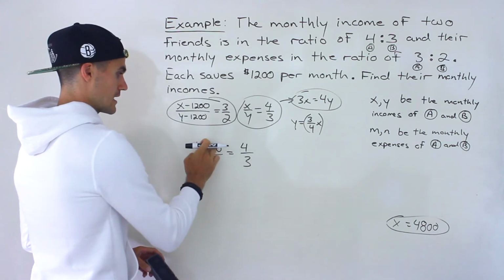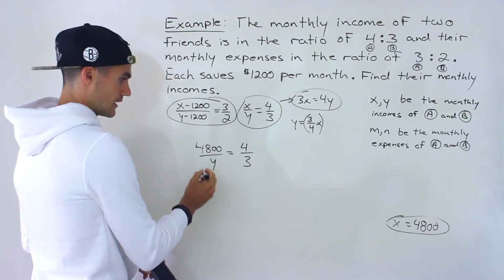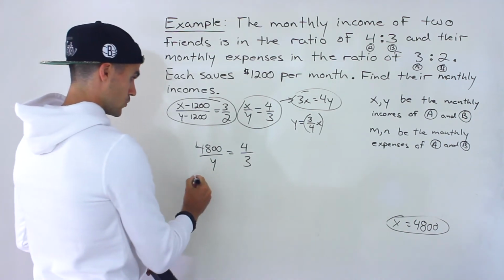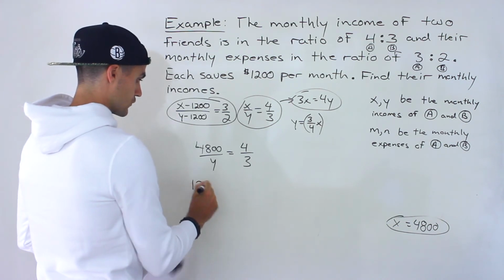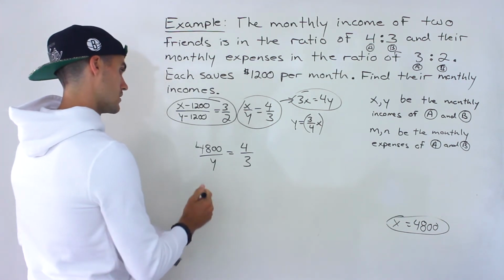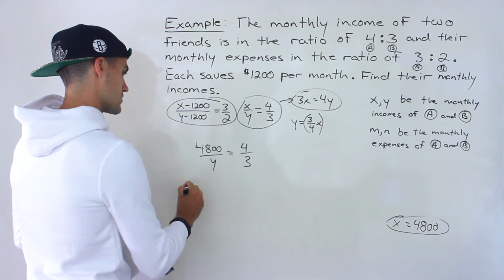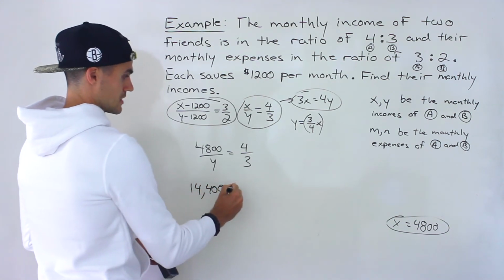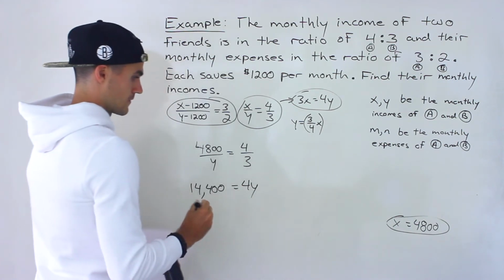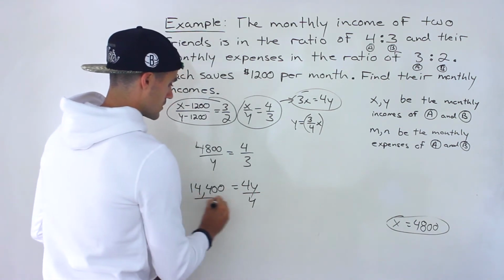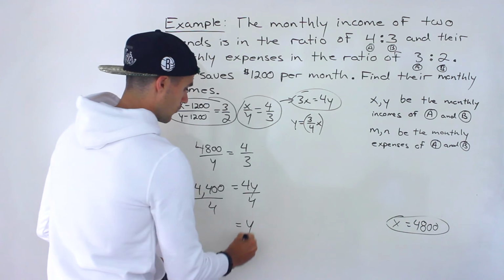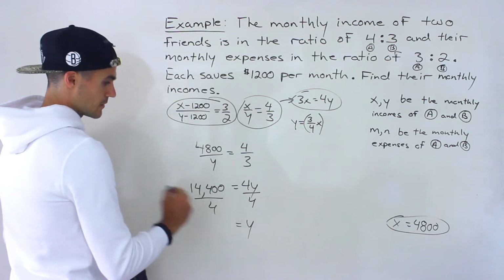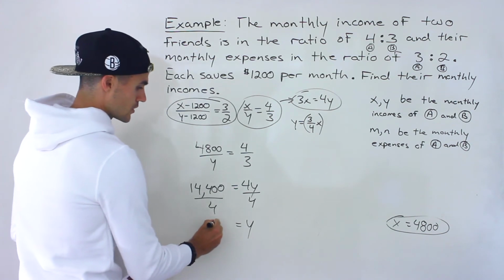And then this times this, so we'd have 4800 times 3 would give us 14,400 is equal to 4y. Then divide both sides by 4. We'd have y is equal to this divided by 4 would give us 3600.